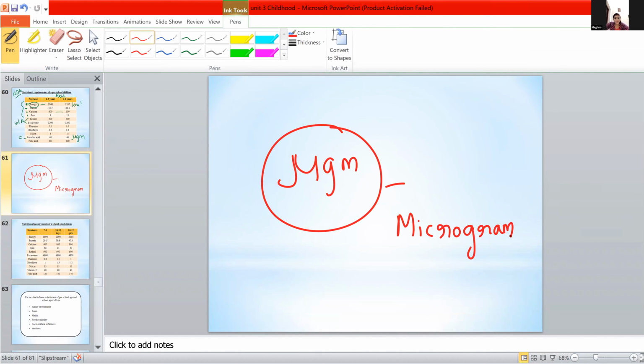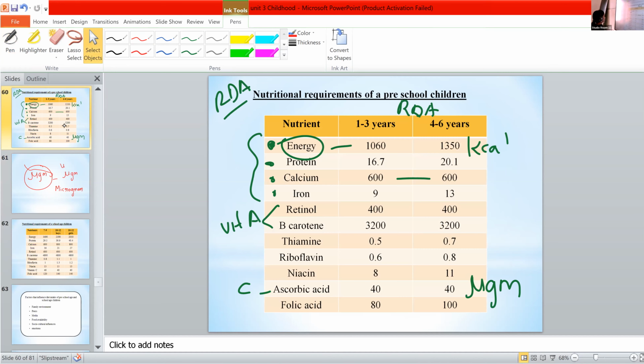The first letter is like a U with a bent, and the last is M. So this is the RDA of preschool children.